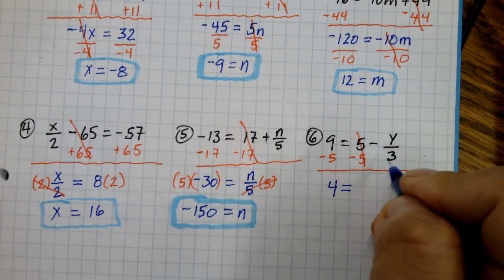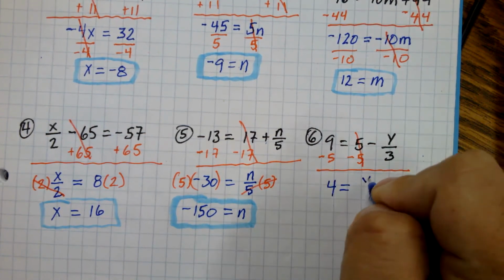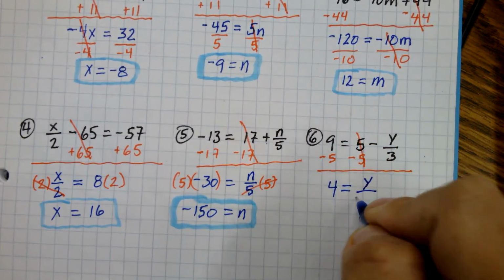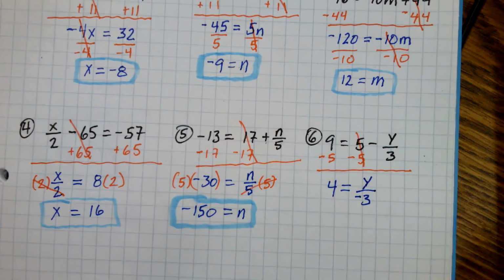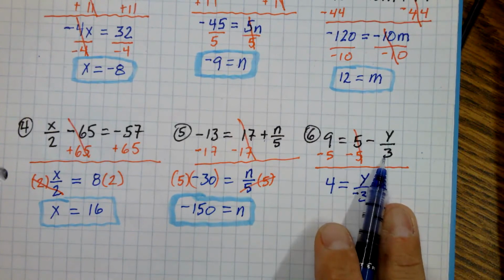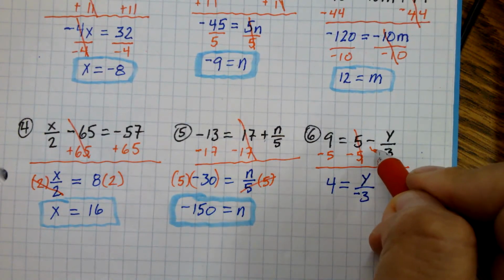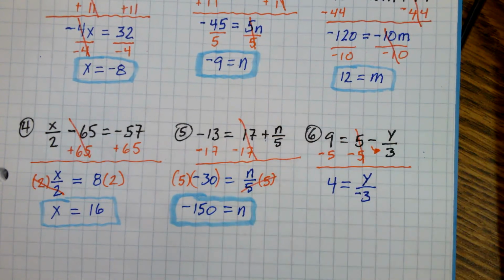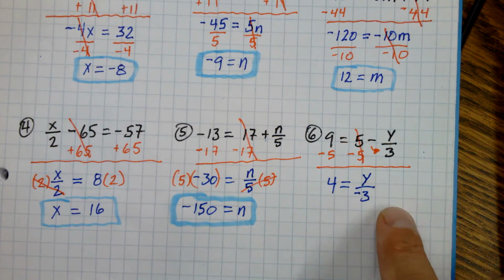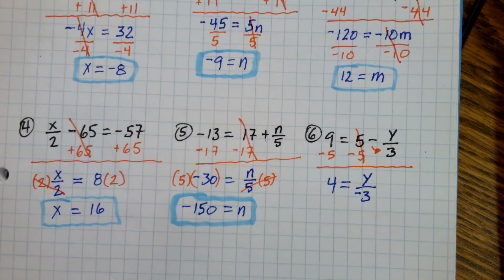When you have this situation, write it this way: y over negative 3. That minus was associated here. Okay? Because now, in order to get rid of that negative 3 that's being divided, how do I get rid of it?